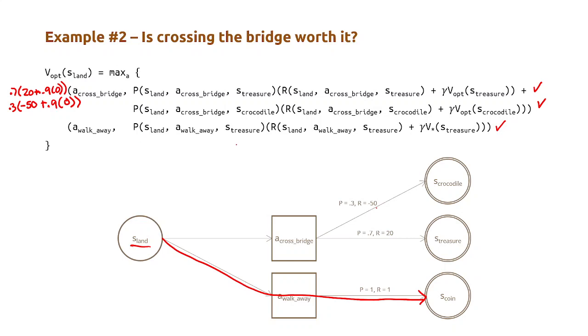So the probability of S land, walk away, coin is 1, right? Times the reward of S land, walk away, coin. The reward is 1. So 1 times 1 plus gamma 0.9 times the value of S coin. The value of S coin is 0 because it is a goal state.